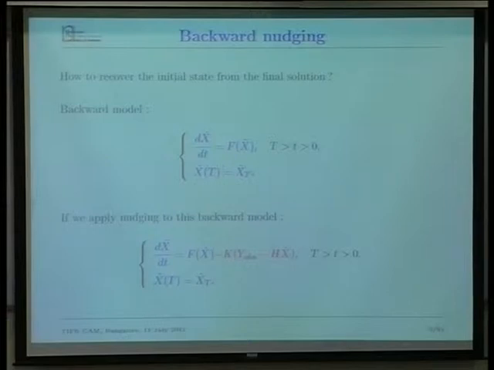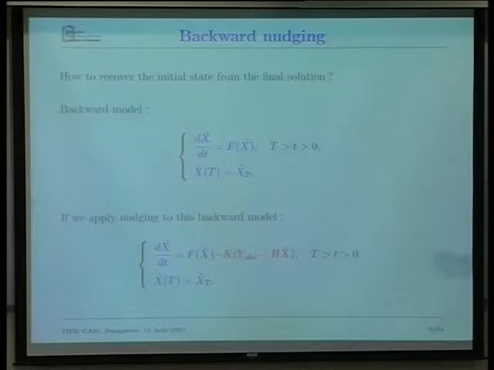The only thing that you can do is, from the nudging state that you get at the end of the assimilation window, maybe get some information back to the initial condition, and try to get a better initial condition than before doing nudging.